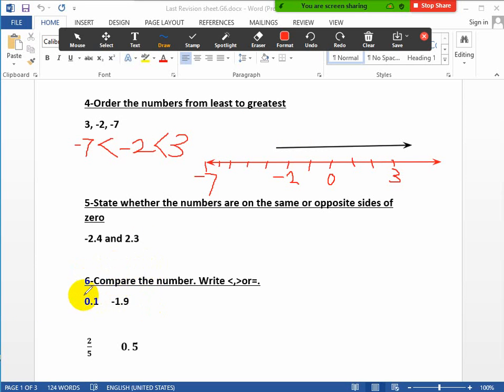Yes, dear, I want you to tell me those numbers are on the same side or on the opposite sides. Negative 2.4, 2.3.